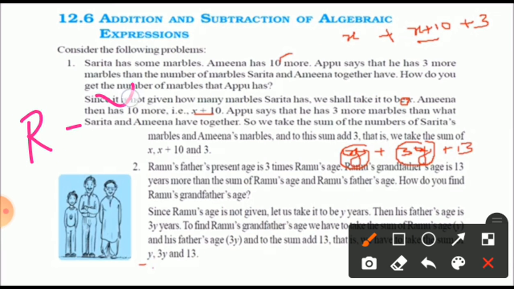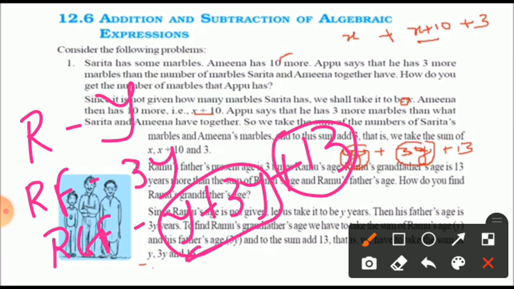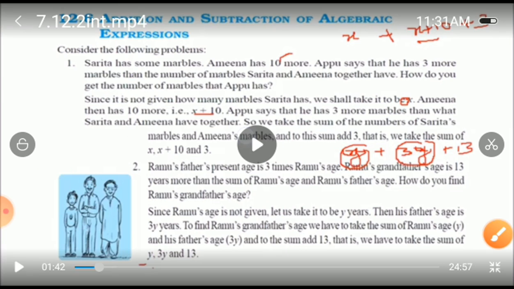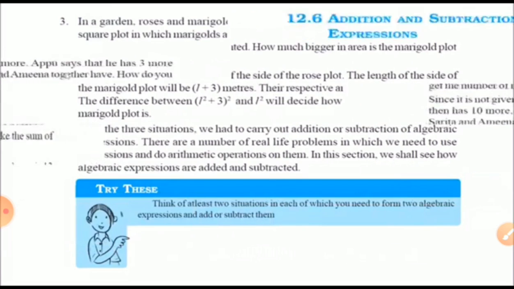Ramu's age is y years, Ramu's father RF is 3y, and Ramu's grandfather RGF is y plus 3y plus 13. Why this one? Because Ramu's age and his father's age together plus 13 more years is Ramu's grandfather's age. R for Ramu, RF means Ramu's father, RGF means Ramu's grandfather. Isn't it clear?